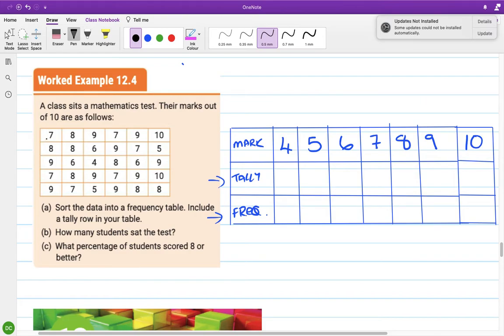So what you do is you look at the first number, you say it's a 7, and you give yourself a 7, cross it off.